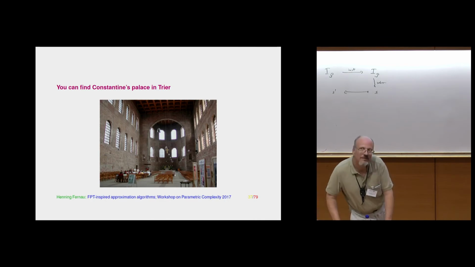But still, in terms of volume, at least that's what I was told at some point, it is the biggest church in Germany. So bigger than the cathedral in Cologne or something like that. And just another little piece from history.